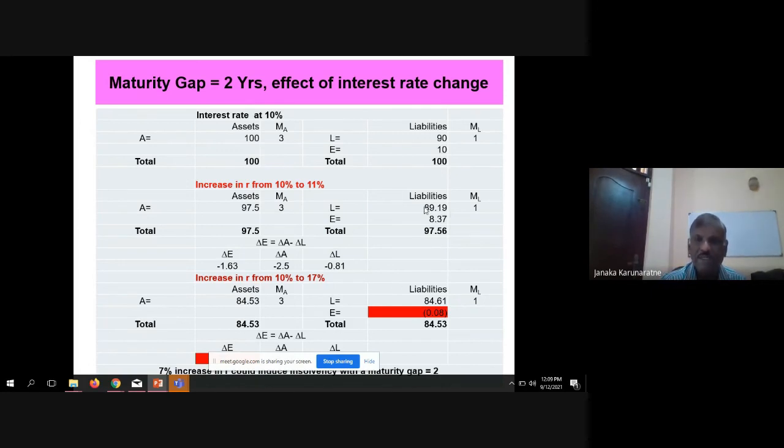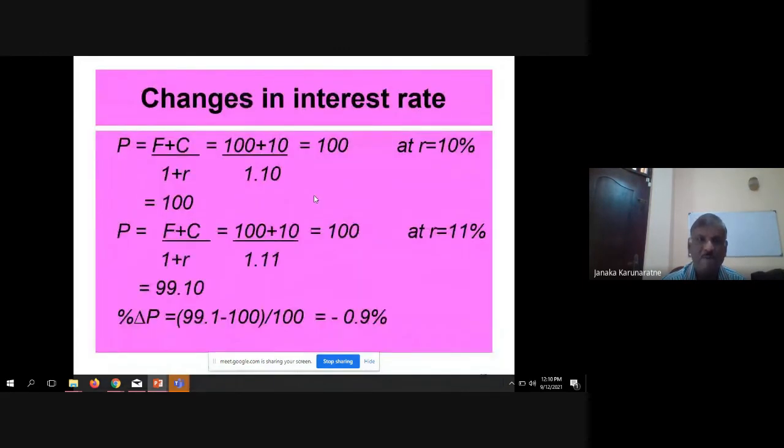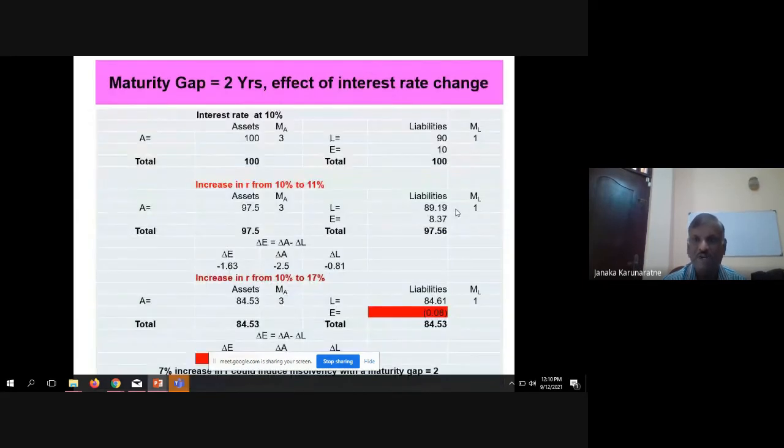Because of the 1-year maturity, when the rate goes to 11% from 10%, it's basically 90 plus 9 interest at 10%, divided by the new rate, 1.11. We apply this formula. So it should definitely come to 89.1.